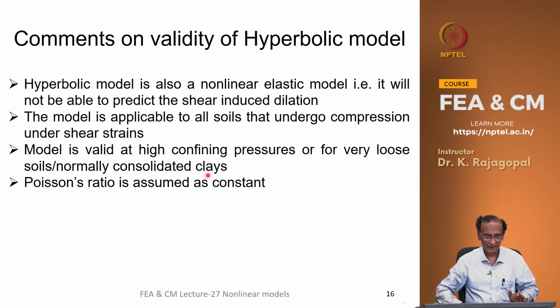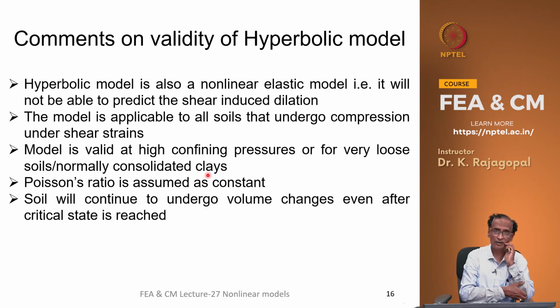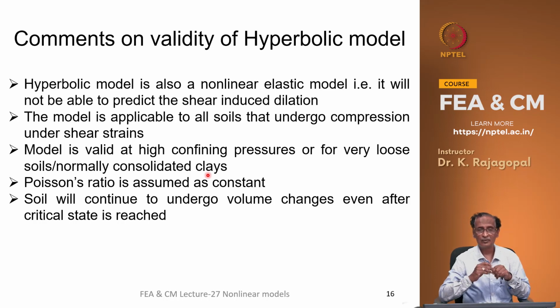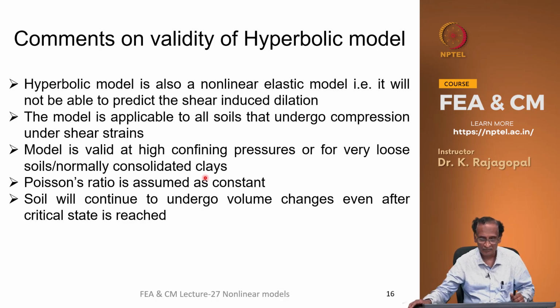And the Poisson's ratio is assumed to remain constant, because there is no specific equation. Of course, there are some models with an equation for Poisson's ratio, but I have not included those topics in this course, because we are going to see a modified hyperbolic model wherein we represent the variation of the Poisson's ratio.